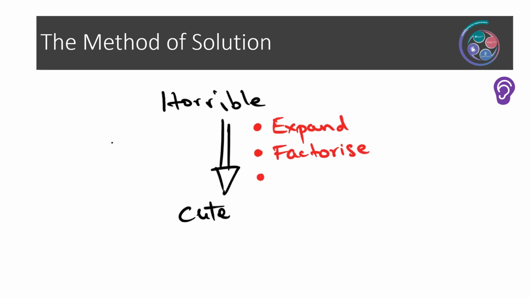And the third step is to solve equal to 0. If you can remember those 3 steps, do your expansion, do your factorising, solve your factors equal to 0 as your third step, then you'll be able to do double angle equations. Expand, factorise and solve. That's the method we're going to be using when we do these questions in a minute.